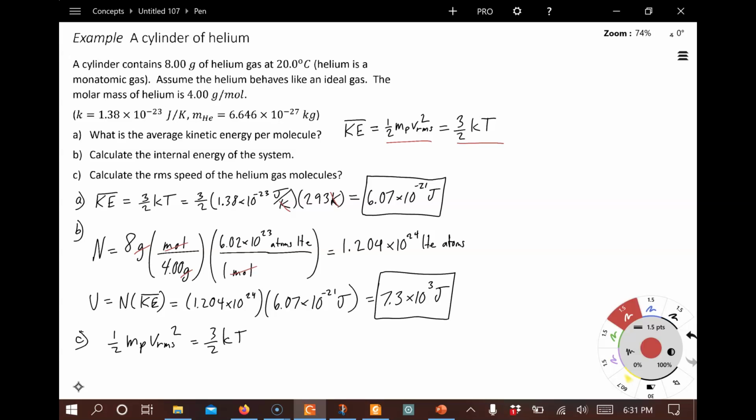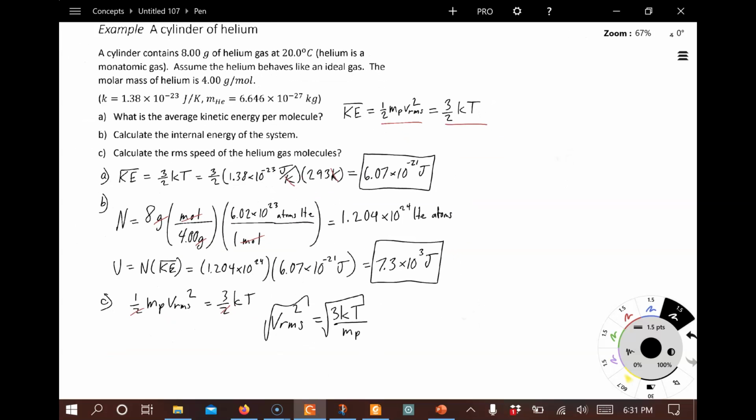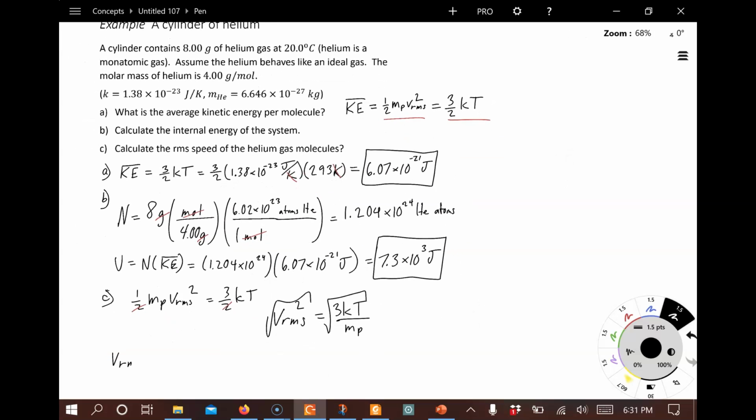Well, we can multiply by 2 on both sides, cancel the halves out, and let's solve for VRMS. So VRMS squared is equal to, got to divide by m, so I'm going to get a 3 kT divided by the mass of the particle. And then to remove the square root, I'm going to do this. And so we end up with this. VRMS is equal to the square root of 3kT over the mass of the particle.